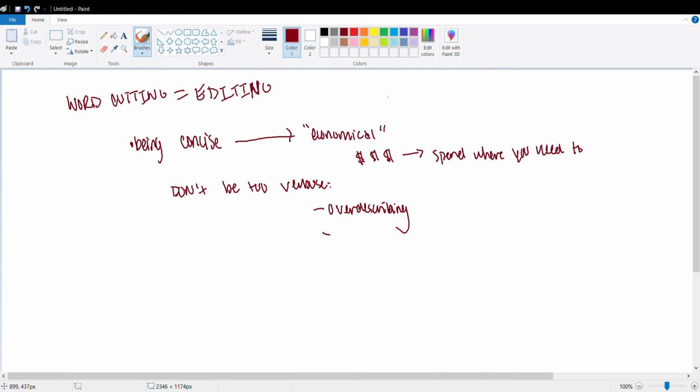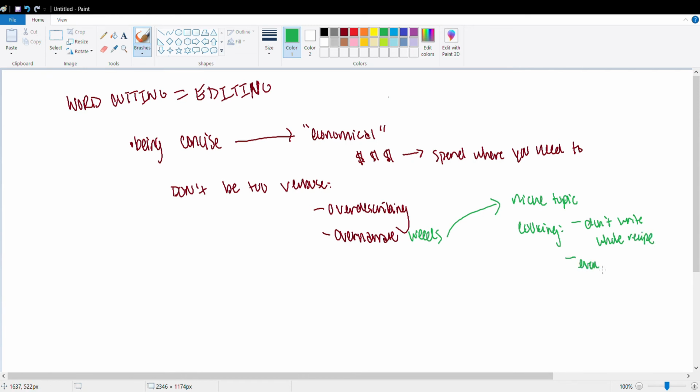You also don't want to over narrate the weeds of the essay. The weeds are basically the niche topic that you're talking about. For example, if you're talking about cooking, don't write the whole recipe or every ingredient step.